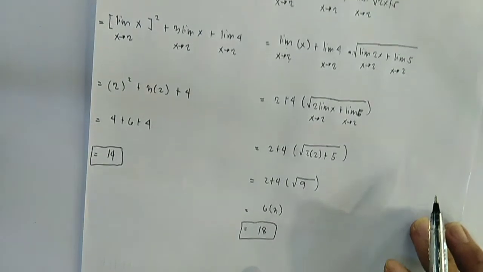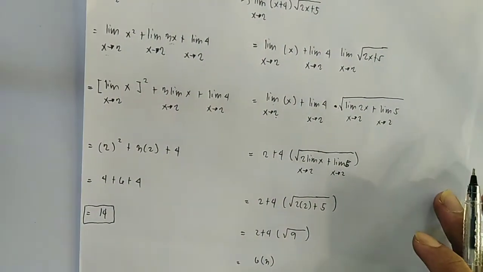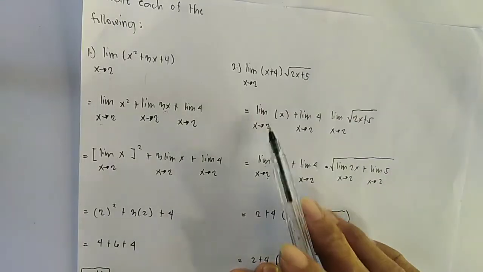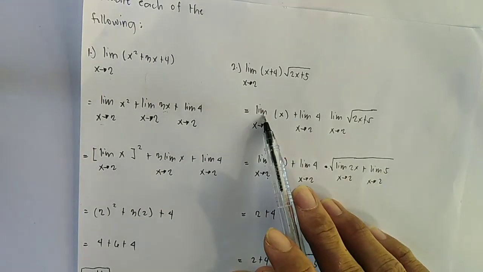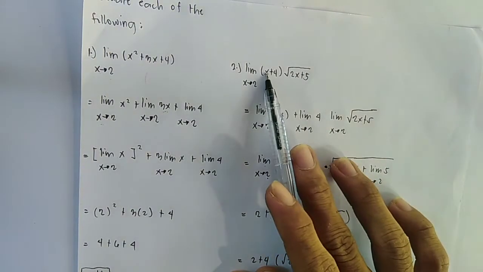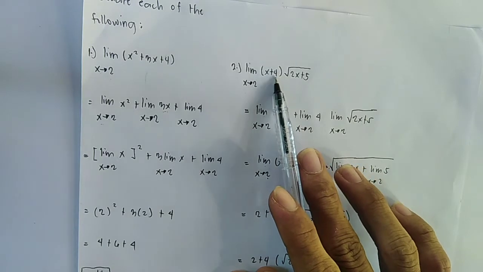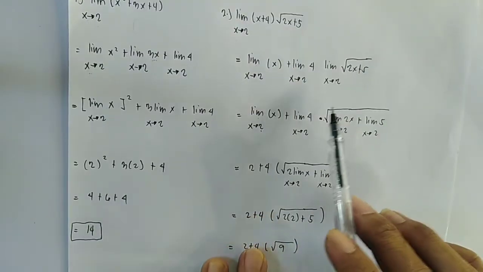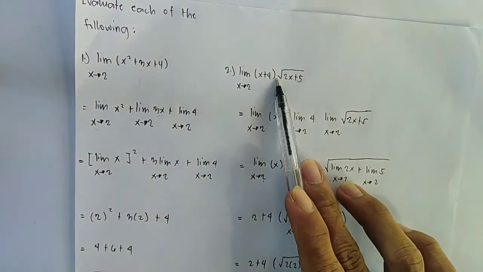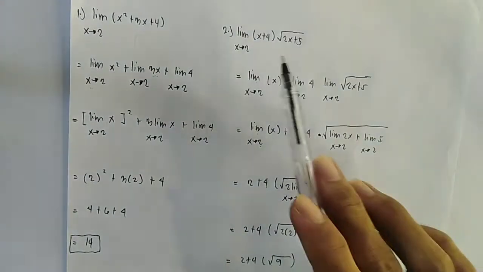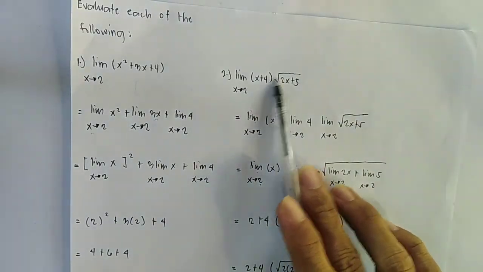So this is how we are going to evaluate a limit. Again, the first thing that we are going to do is to distribute the limit notation to the entire terms in the expression. Do not forget, do not change the operation here.